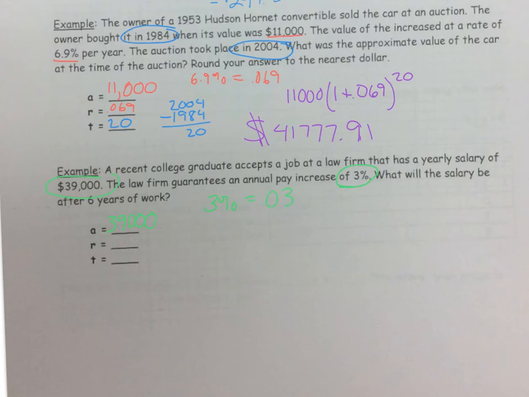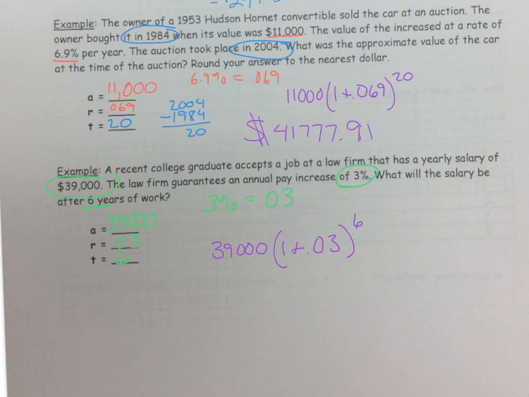So that's what I'm putting right here, 0.03. Okay, how much will you make after 6 years? So at a time of t of 6. All right, plug these right in. So 39,000 times 1 plus 0.03 to the 6th.